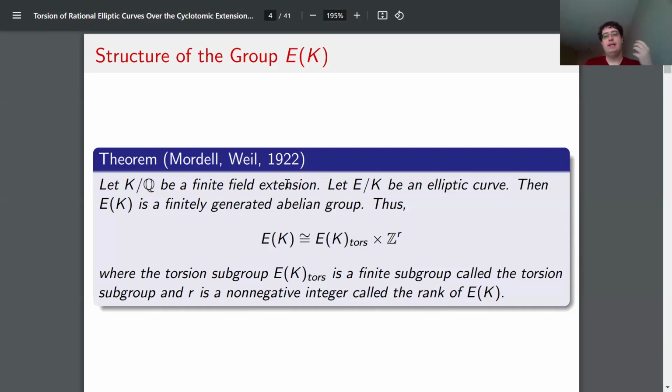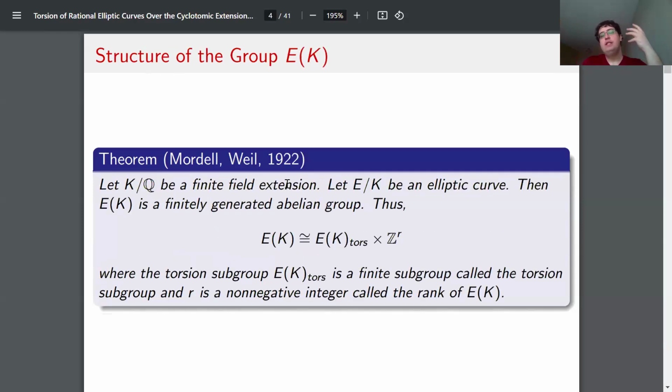It can be written as the product of the torsion part, the subgroup of points with finite order, and copies of Z. Another important thing about this theorem is that the torsion group is itself a finite group when K is a finite extension, and the rank r is a non-negative integer.